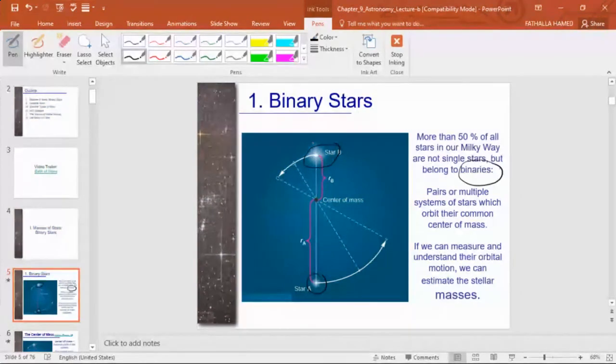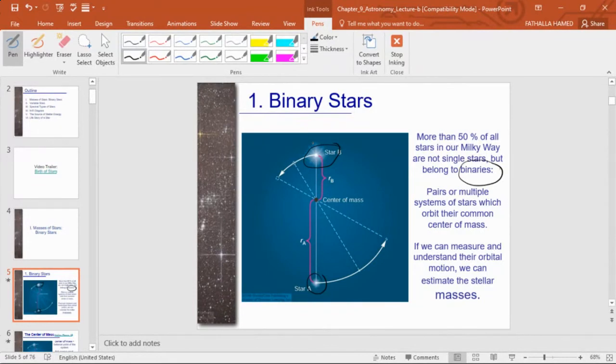Now everything moves, nothing is stationary. So when we talked about the solar system, we said the planets orbit the sun. So if we have a system like this, which star is going to orbit the other star?